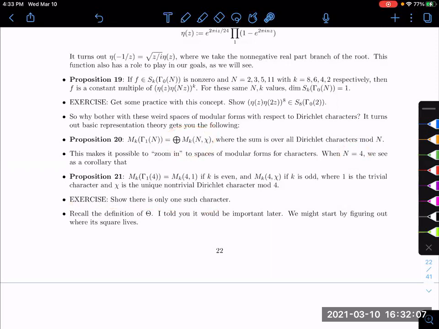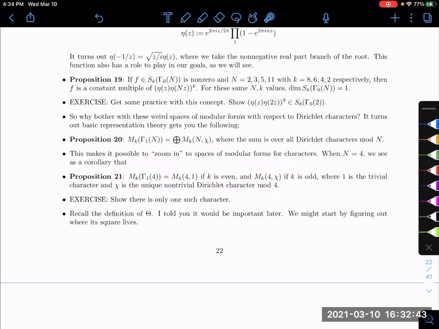And that leads you to the following proposition. The weight k modular forms for gamma 1 at level 4 are actually just the weight k modular forms with respect to the trivial character at N equals 4, if k is even. If k is odd, then the weight k modular forms for gamma 1 of 4 will just be the weight k modular forms at 4 for this non-trivial character chi.